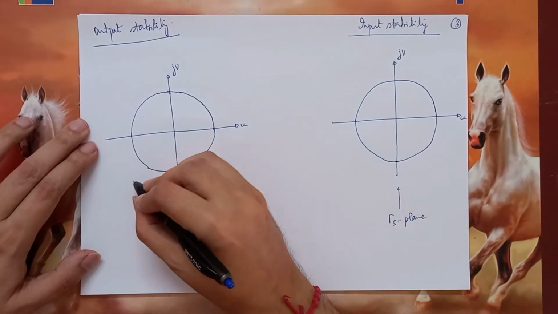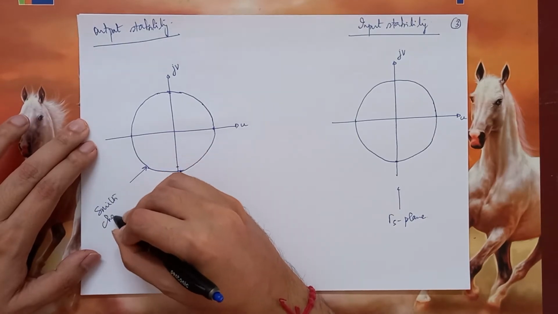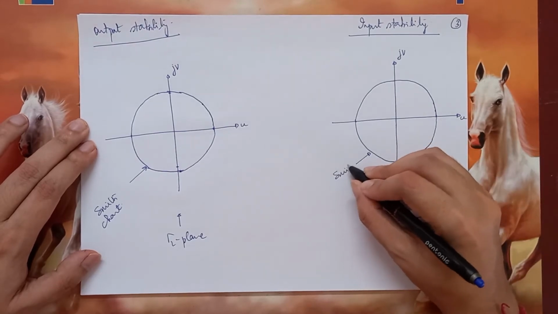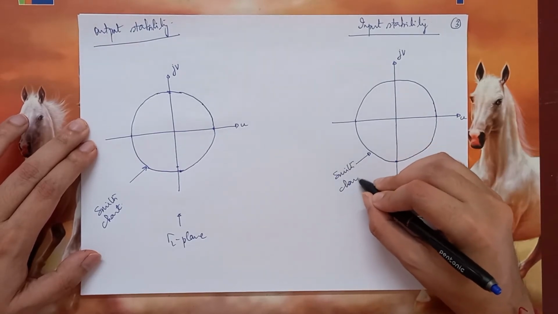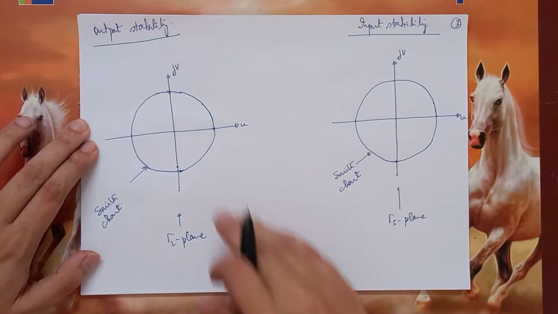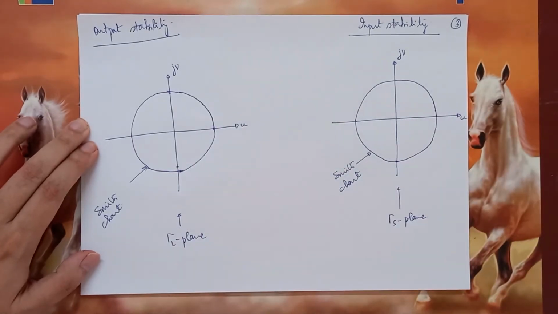This is the Smith chart. So is this. So all the resistance circles and the reactance circles are inside the Smith chart.